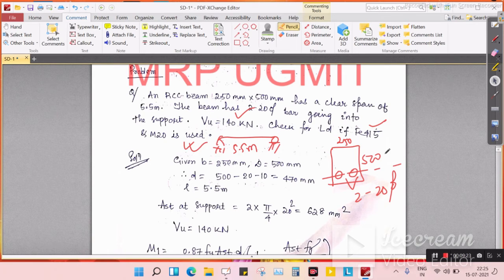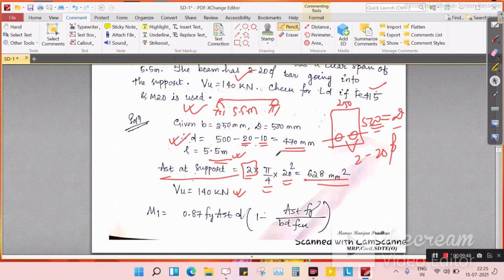So if total overall depth is 500, then effective depth is 470. This is clear cover, and this is half of the diameter of the reinforcing bar. L is 5.5. AST at the support is 2 numbers of bars, so we multiply 2 into pi by 4 of d square. This is 628. V is given in the question, this is 140 kilonewton.